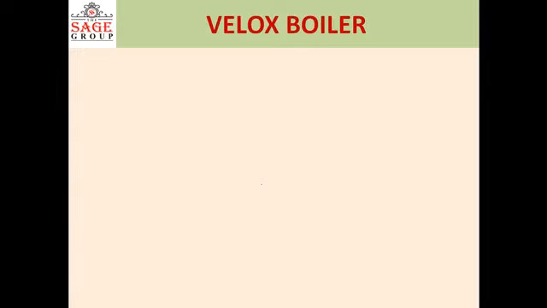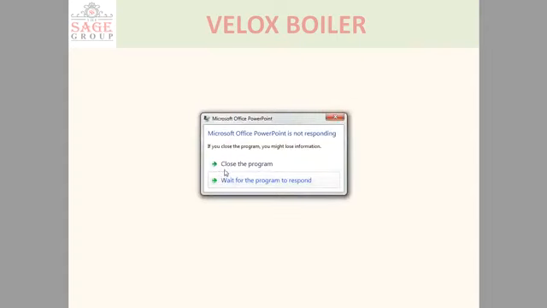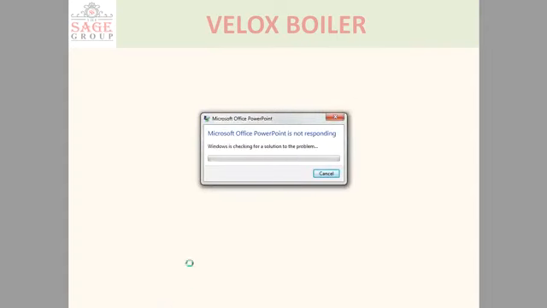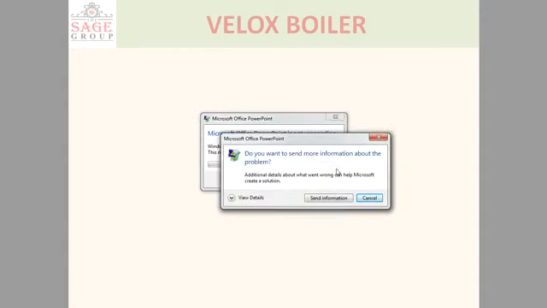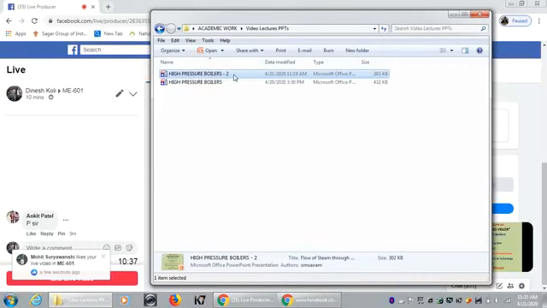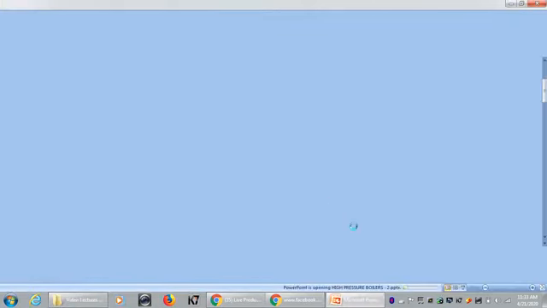Next we are taking the Bellows boiler. Again we are continuing.